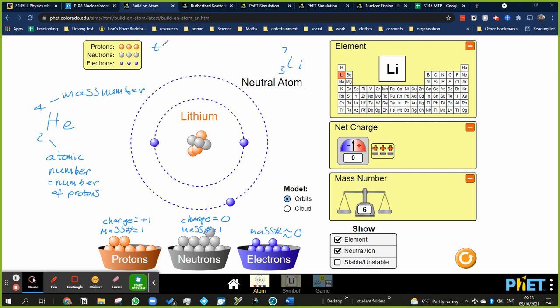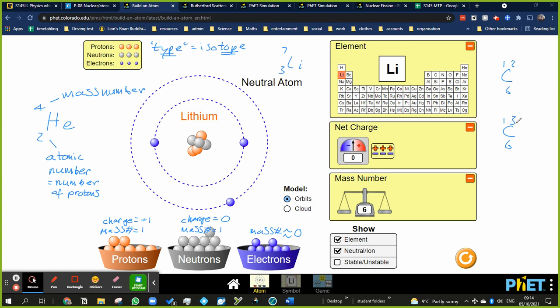When we think of the word type of atom, it means like isotope. So you can imagine tope being like type, and so what's the difference between some of the different isotopes? Let's look at carbon 12, which is the most common form of carbon, and then you've also got carbon 13.